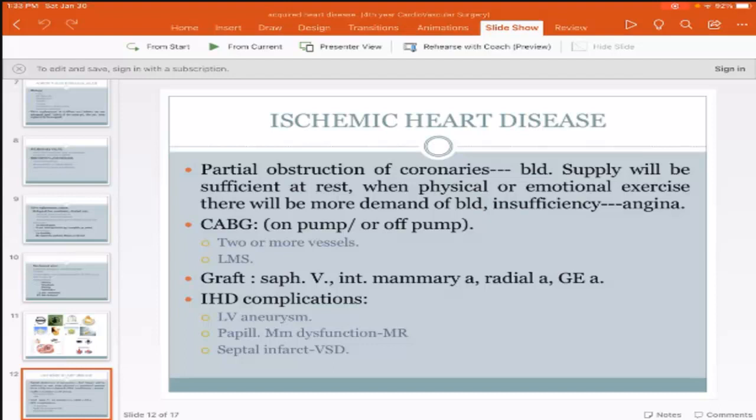Or it may go to the cerebral vessels and lead to a cerebrovascular accident, CVA. The surgery of that one should always be by open bypass machine, on the bypass machine.